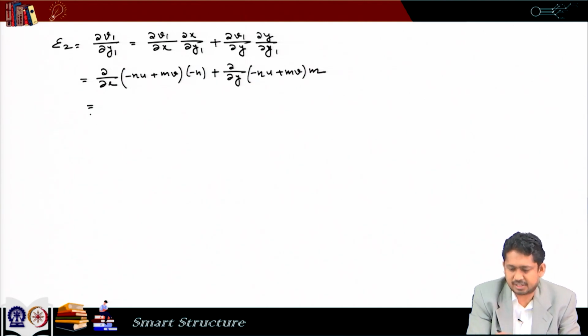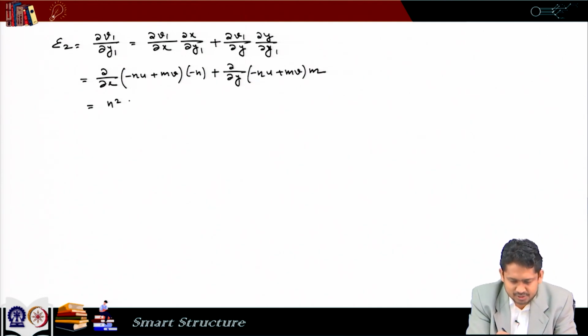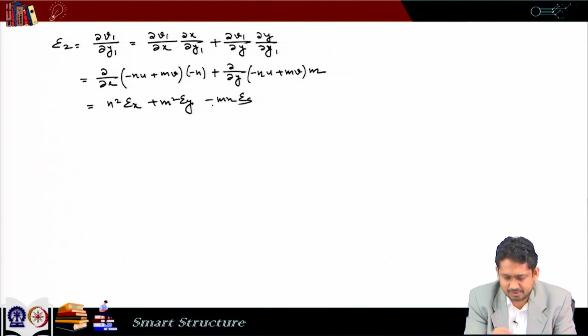So, again if we write this equation, finally it would give us n square multiplied by epsilon x plus m square multiplied by epsilon y minus mn epsilon s.